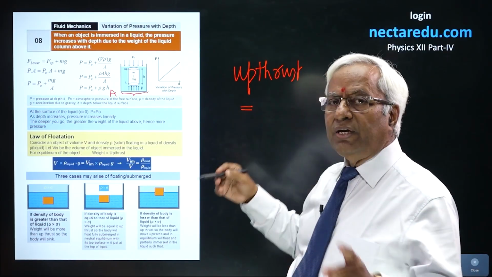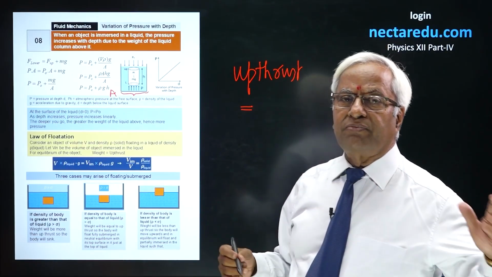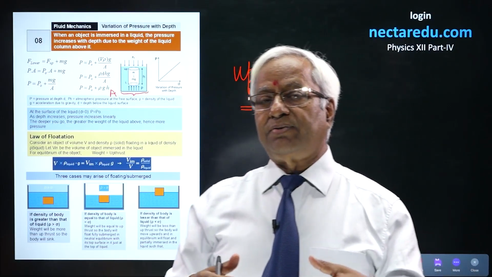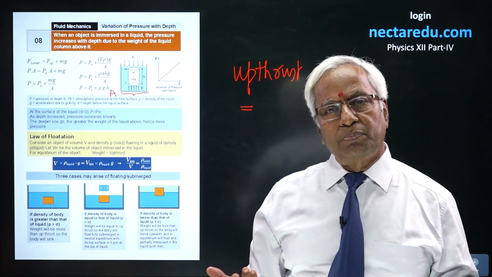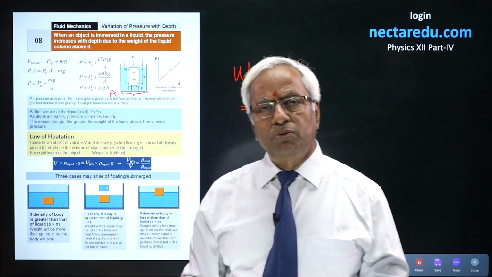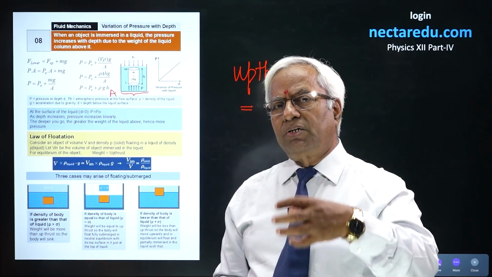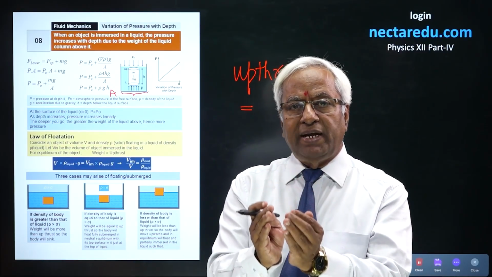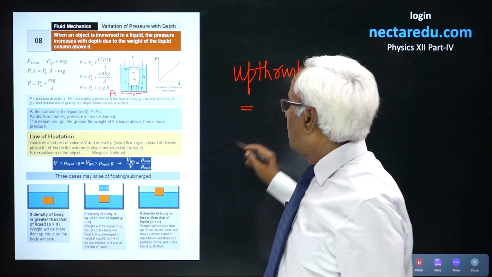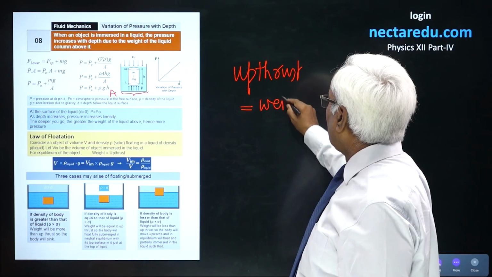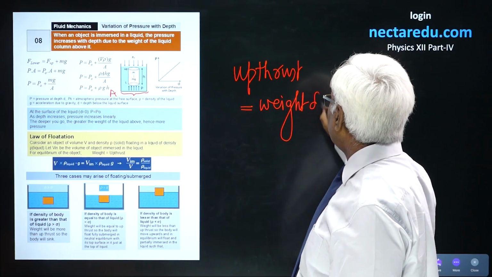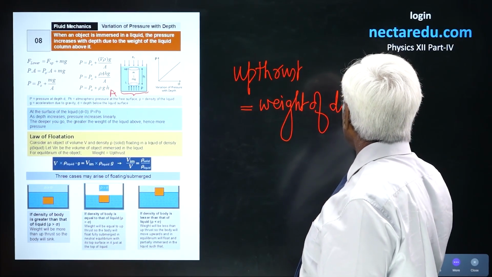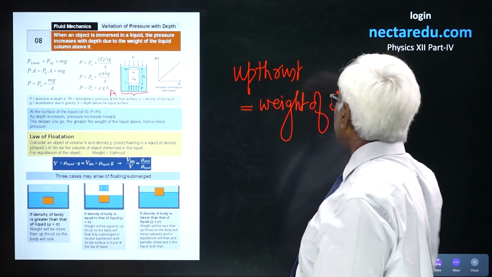Upthrust is equal to the weight of displaced fluid. When the body is immersed in the fluid, when I say fluid, I mean liquid and gases both, this is applicable to both. When the body is immersed inside the fluid, the weight of displaced fluid, I'll repeat, the weight of displaced fluid is equal to the upthrust.